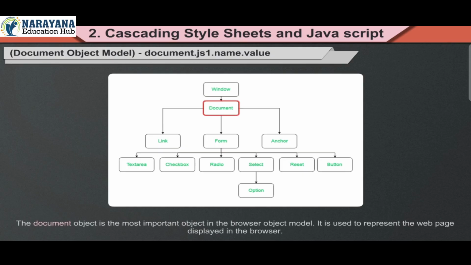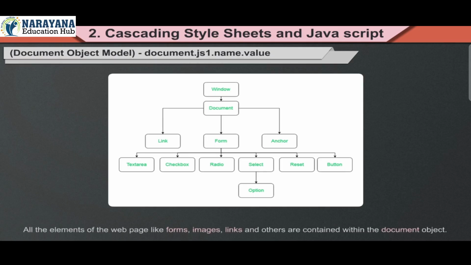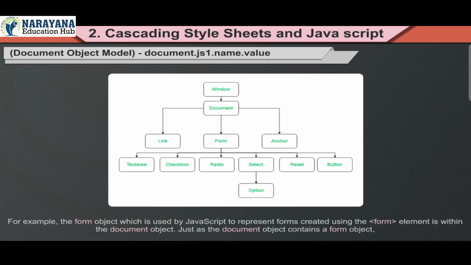The document object is the most important object in the browser object model. It is used to represent the web page displayed in the browser. All the elements of the web page like forms, images, links, and others are contained within the document object. For example, the form object, which is used by JavaScript to represent forms created using the opening form tag element, is within the document object.